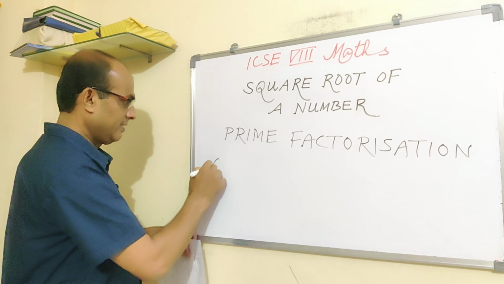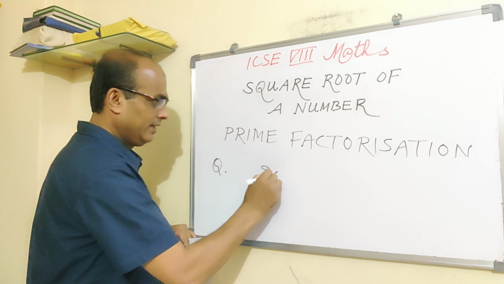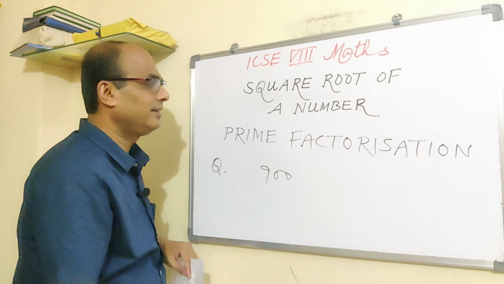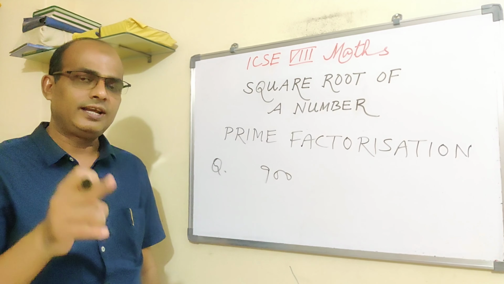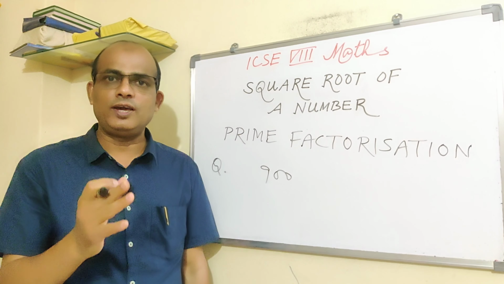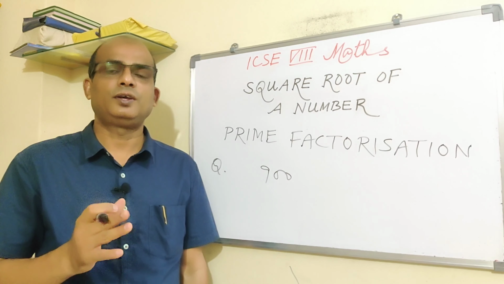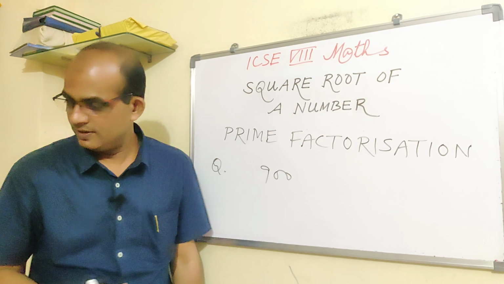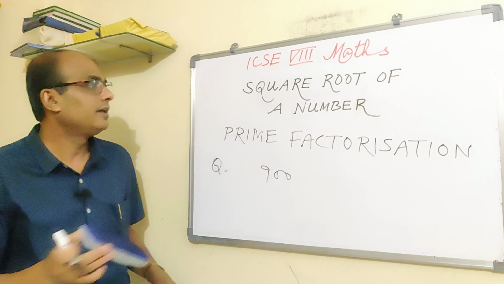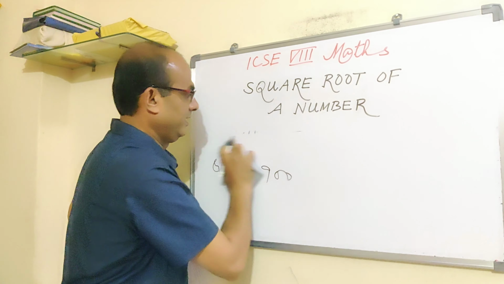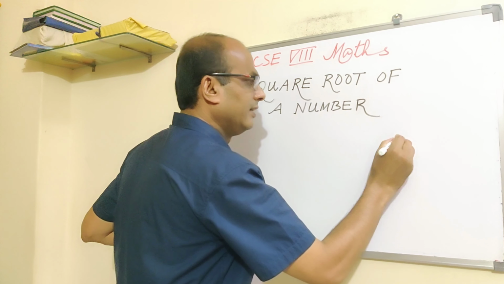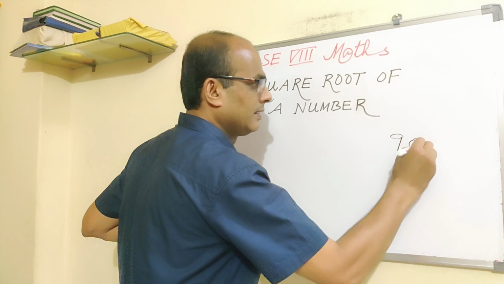Your question is, find the square root of 900. Again I am repeating, write down the question. Find the square root of 900 by the prime factorization method. Now the solution. See the solution. 900. Prime factorization, this you know. See 900.